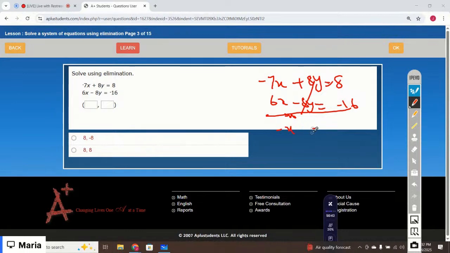Negative x equals negative 8. Now we can put in the value of x to calculate the value of y.